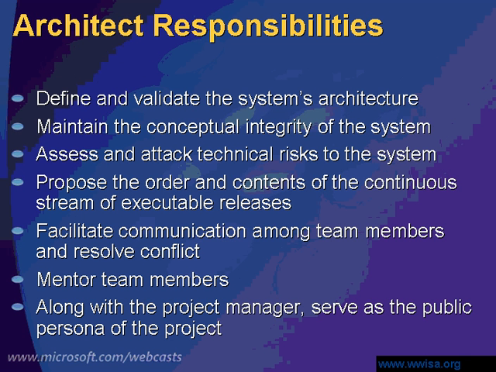So when you look at some of the common responsibilities, defining and validating the architecture is one, maintaining the conceptual integrity, and primarily looking at risks and identifying them and attacking them early is key to success. And then being able to go and mentor team members, facilitate project management, all those things are common responsibilities that you'll find in the architect role.